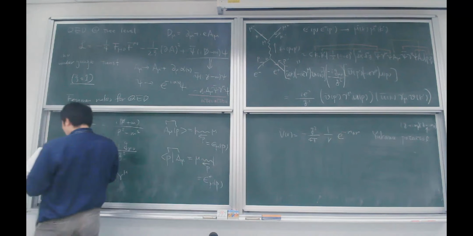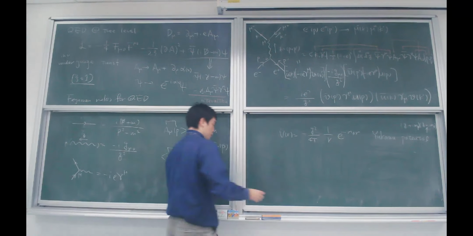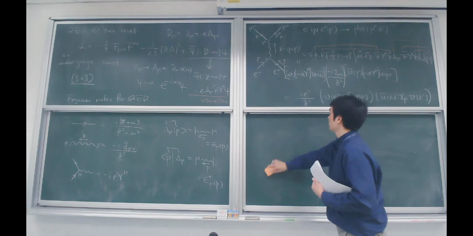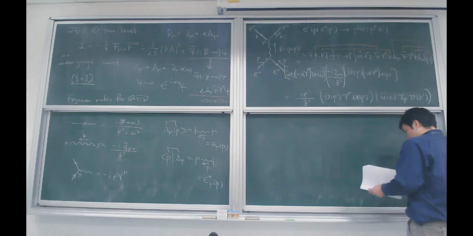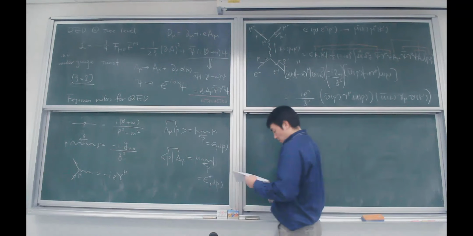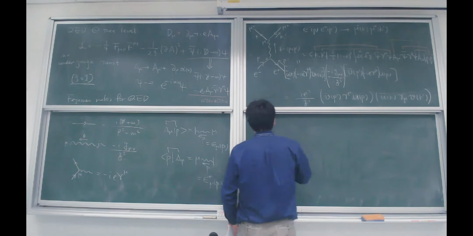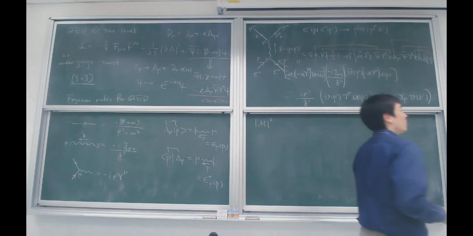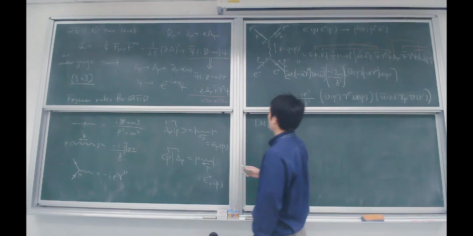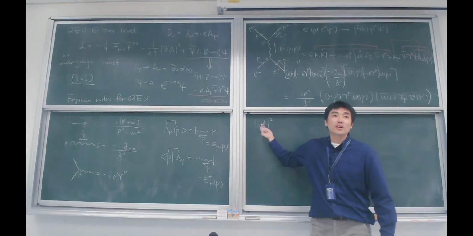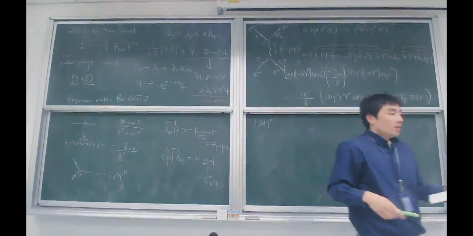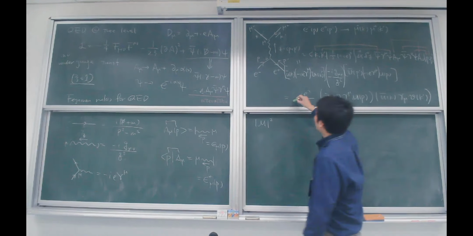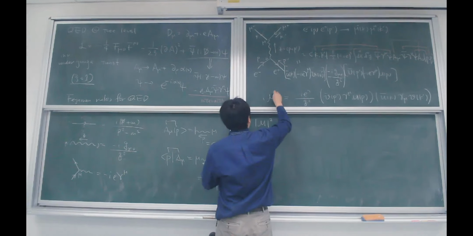Now we want to evaluate the following notation. So you want to evaluate M squared. We want to evaluate the differential cross section, which is proportional to M squared. Okay. So to do that, we need to take this, which is iM.